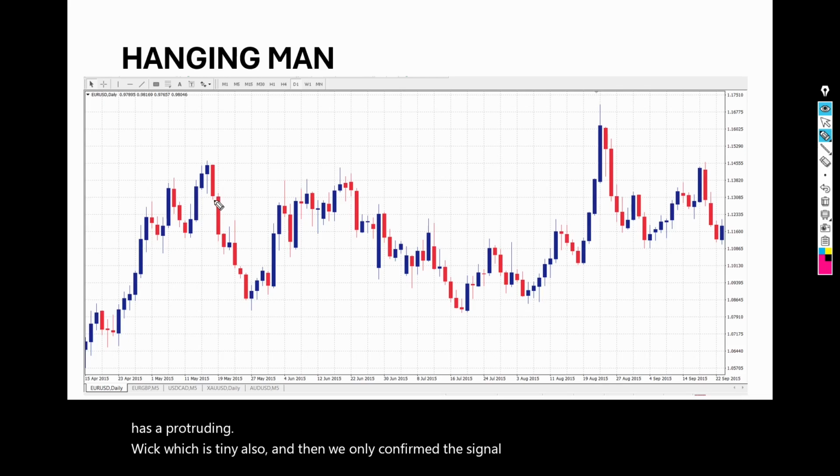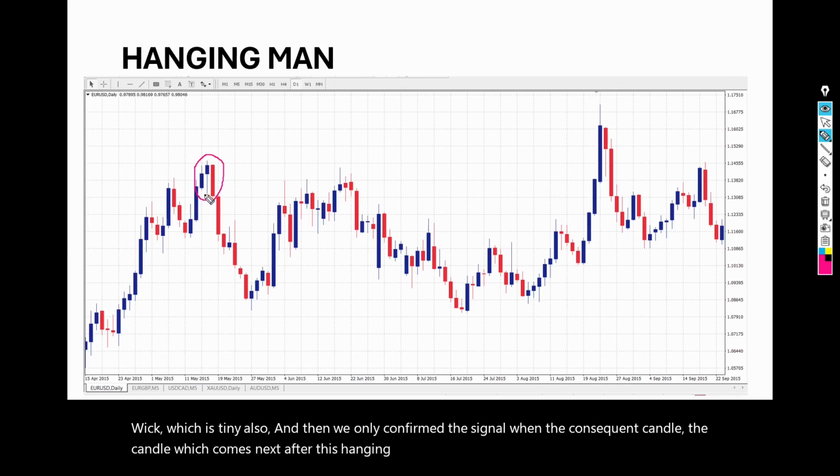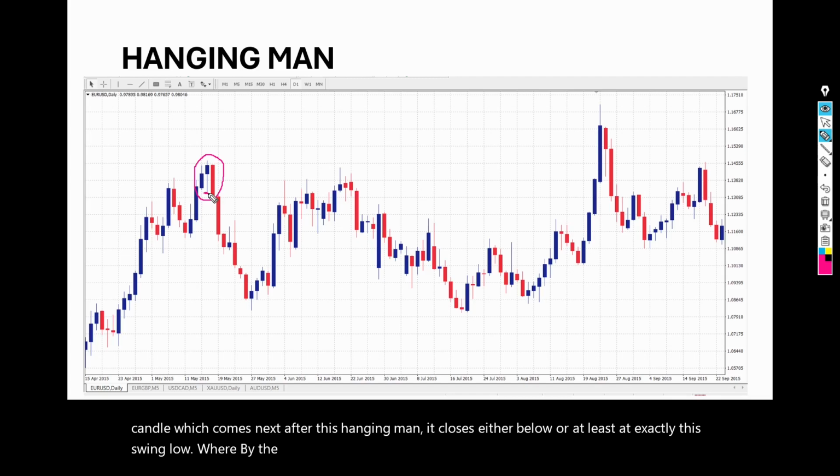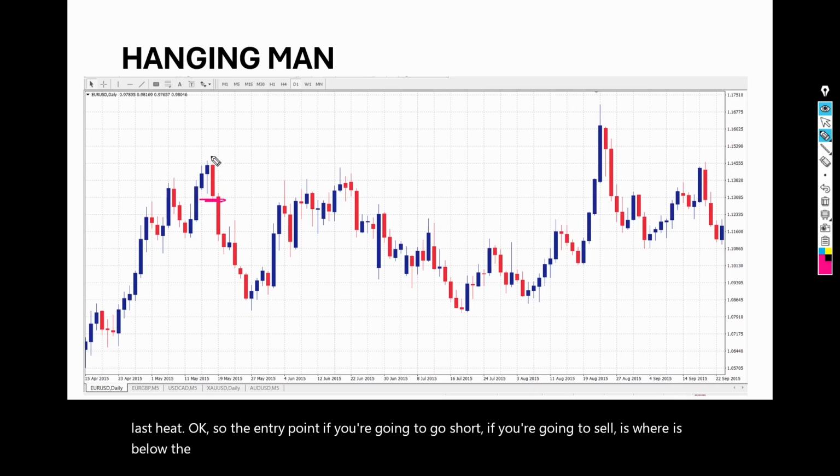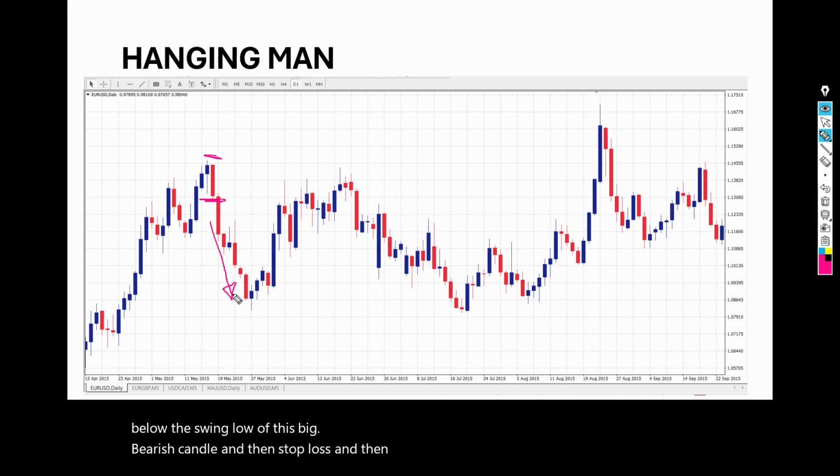We only confirm the signal when the consequent candle, the candle which comes next after this hanging man, closes either below or at least exactly at this swing low. So the entry point, if you're going to go short, if you're going to sell, is below the swing low of this big bearish candle, and then a stop loss, followed by a wave down to catch the profits.